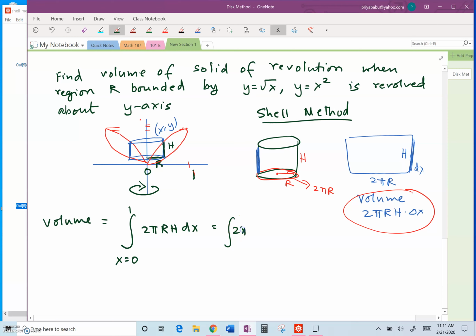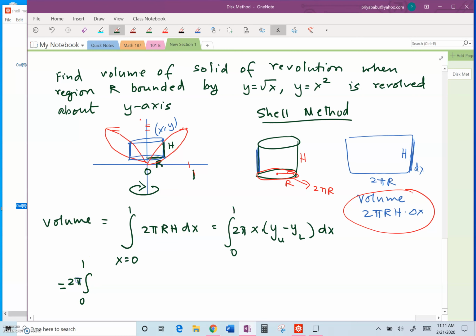So the integral of 2 pi, the radius of the cylinder is the horizontal distance, which is the x value, so x, and the height is the vertical distance between the two curves, which is the y value of the upper curve minus the y value of the lower curve, dx. We're going to rewrite this entirely in x so we can integrate with respect to x.